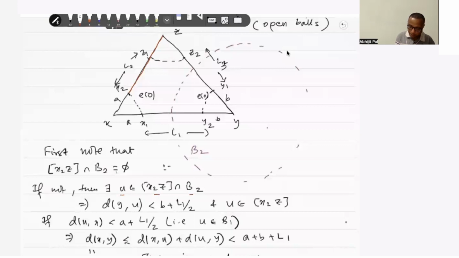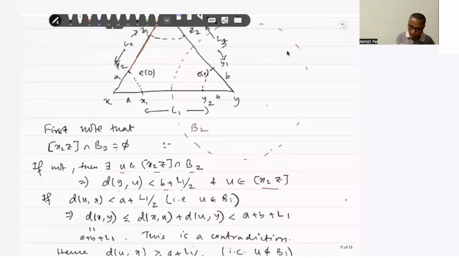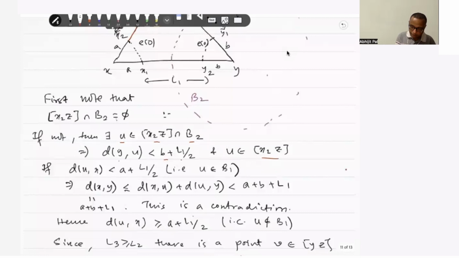That point I have called U. So this will imply that the distance between Y and U is less than B plus L1 by 2, because this U lies in B2, and U also lies on X to Z. And now suppose the distance between U and X is less than A plus L1 by 2. That is, U belongs to B1.